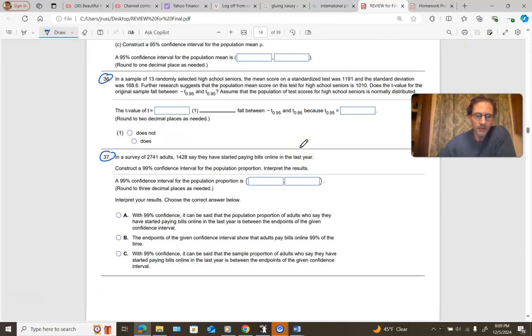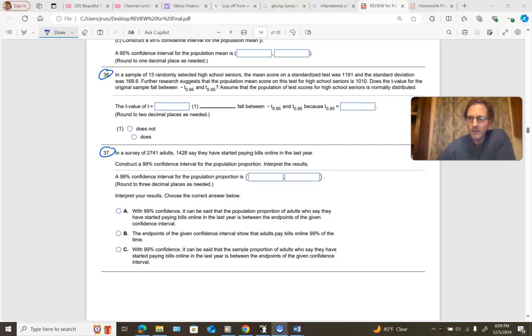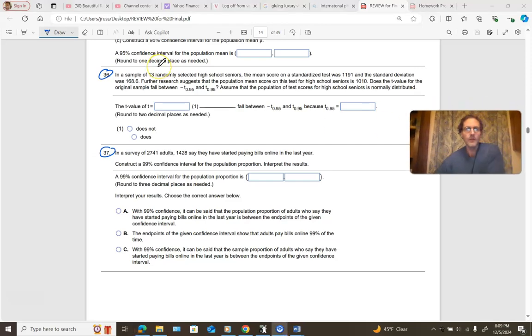All right, 36. It says in a sample of 13 randomly selected high school seniors, the mean score on a standardized test was 1,191, and the standard deviation was 168.6.